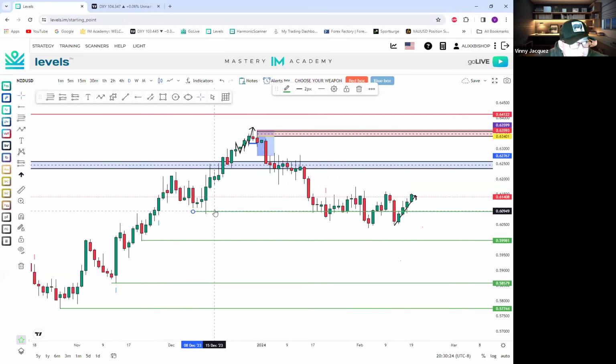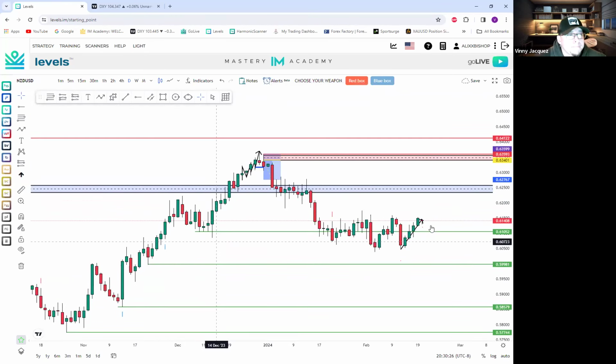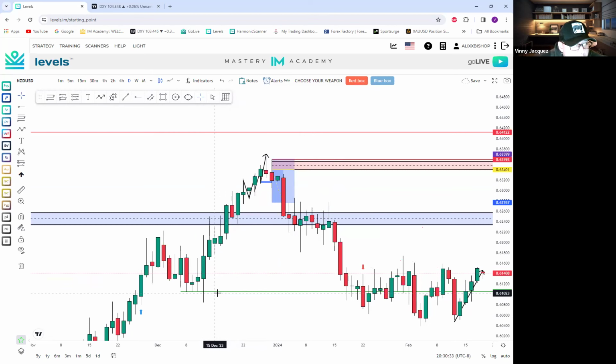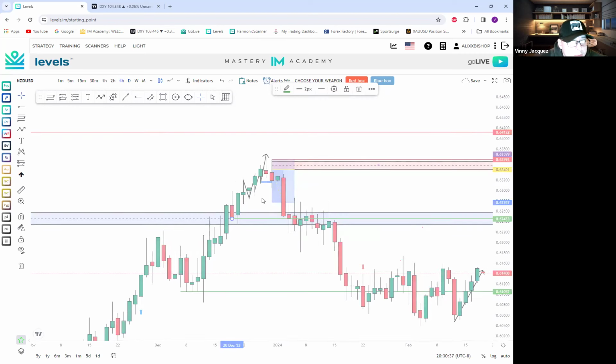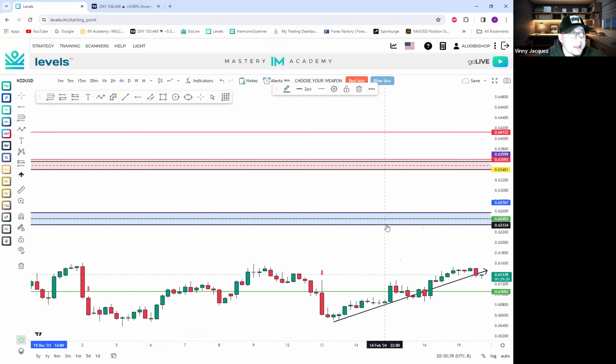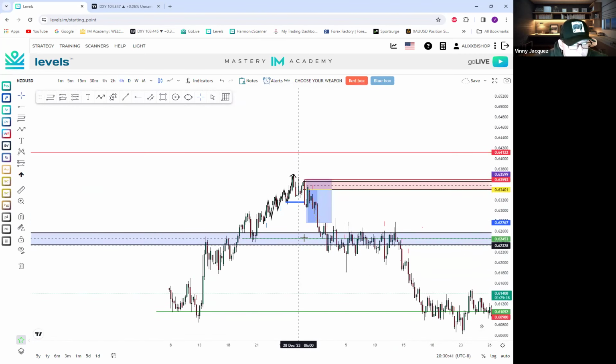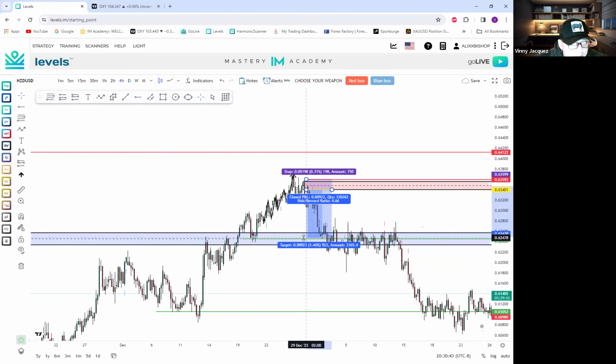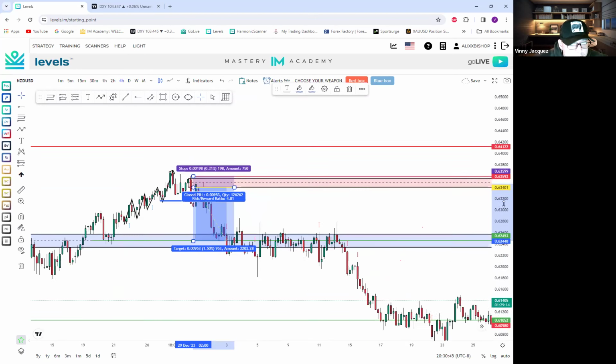Here's another zone we can use. And then the closest pullback to this top here would be this one right here. So as we drop back down, boom, we could have used this area right here as our first main TP.